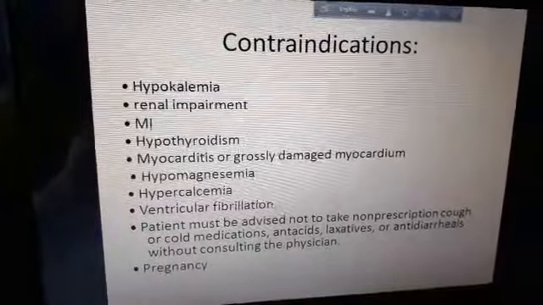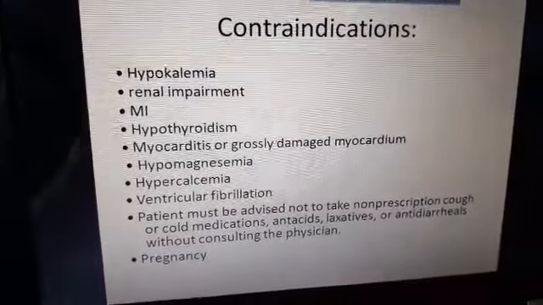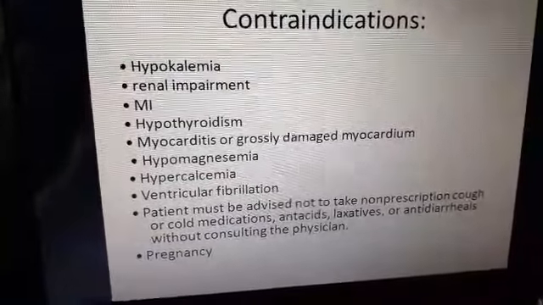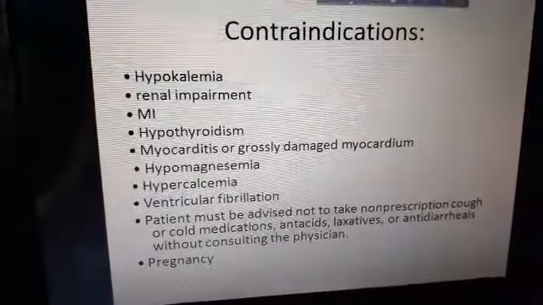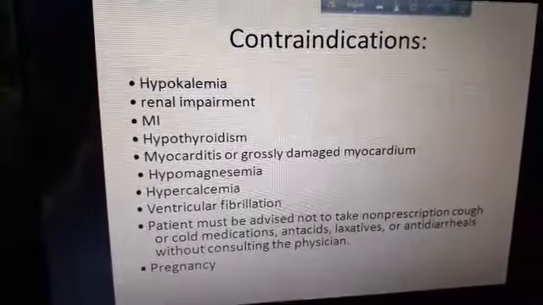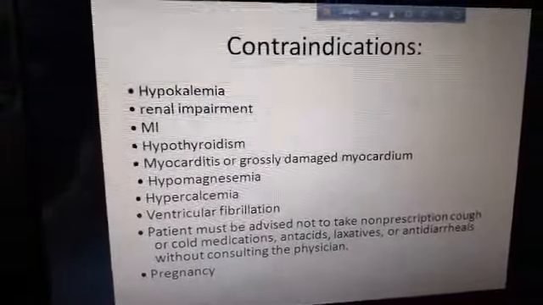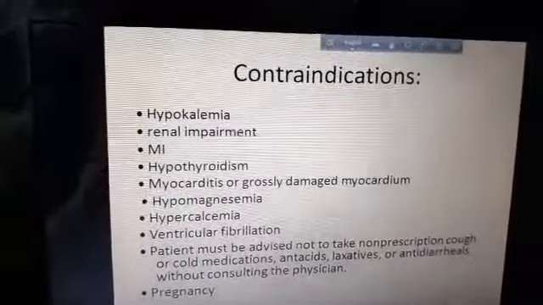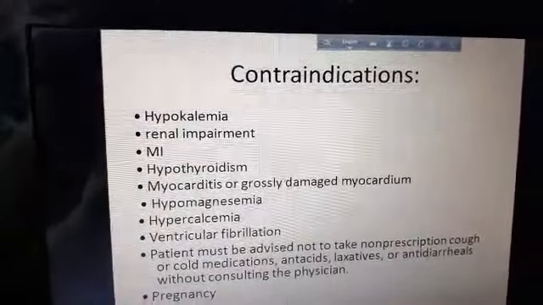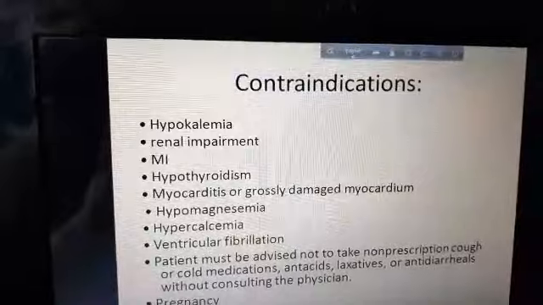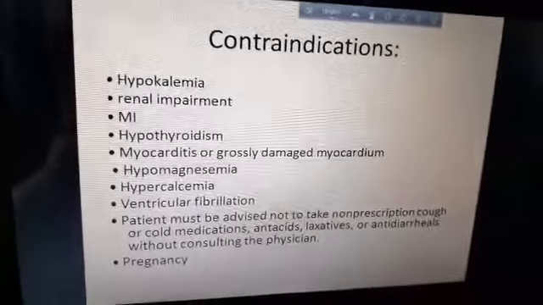In myocardial infarction, digoxin must be avoided, because in myocardial infarction or ischemic heart disease there is already less oxygen supply relative to demand. Digoxin, by increasing the heart rate and contractility, will cause further oxygen demand, which is detrimental for patients of myocardial infarction, where we need to reduce the oxygen demand.